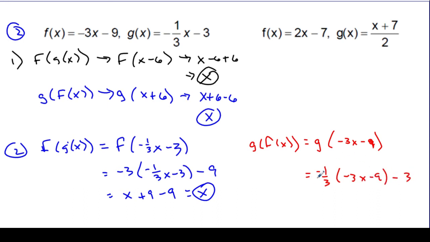So I'm going to say negative 1/3 times negative 3 is still 1x. Negative 1/3 times negative 9 is going to be a positive 3. Minus 3. There's the cancel happening again. So I can confirm that these two functions are inverses because I did f of g of x and I did g of f of x, and in both cases all the operations canceled and my final answer was just the variable. So that one, these are both good functions.